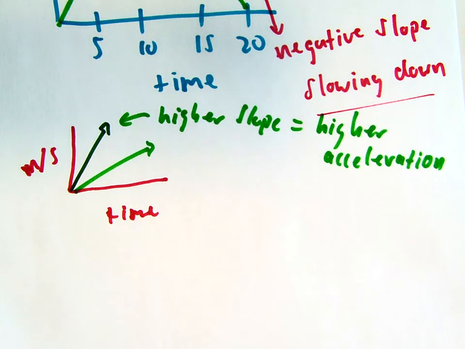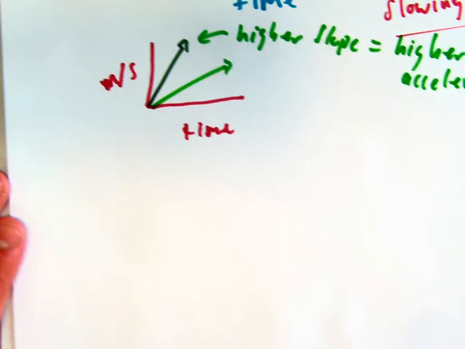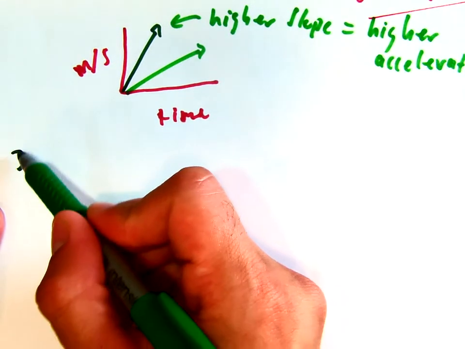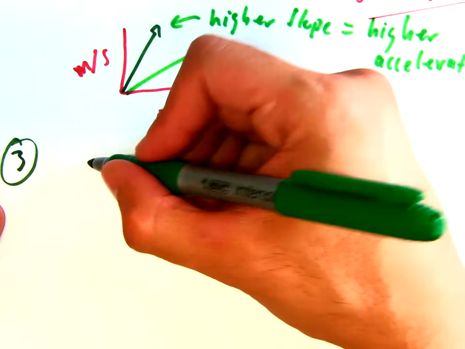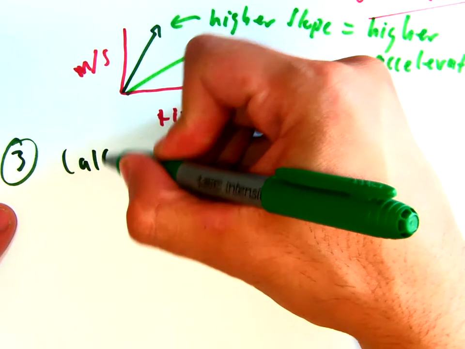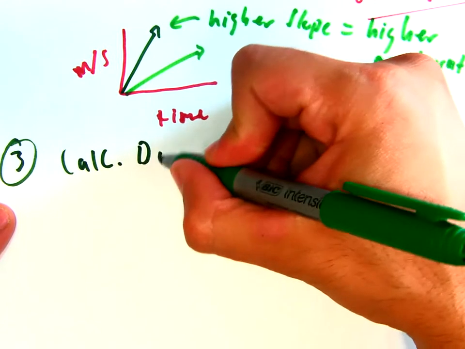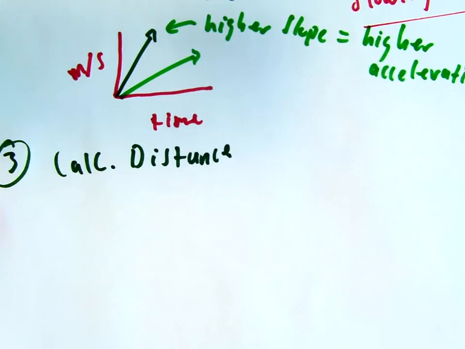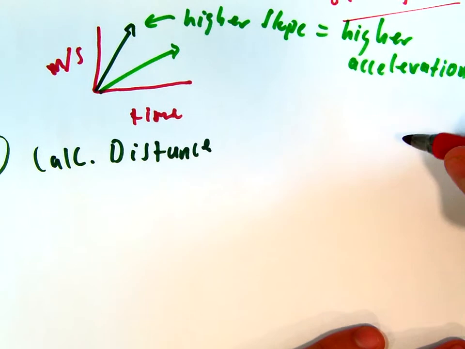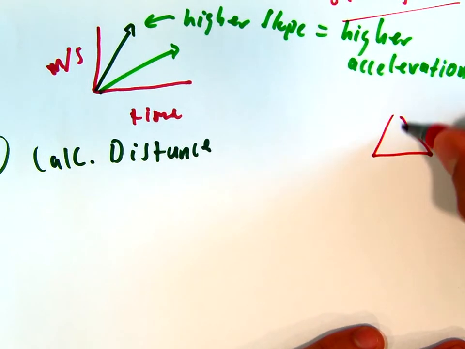Now we have to go over the last part, which is 3. Calculate. How do we calculate distance? Okay, so again, we're trying to calculate distance. Let's think back to when we first started this class and we looked at our speed triangle.